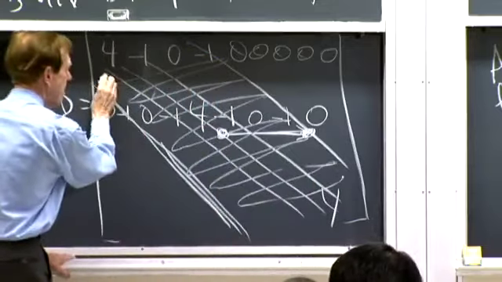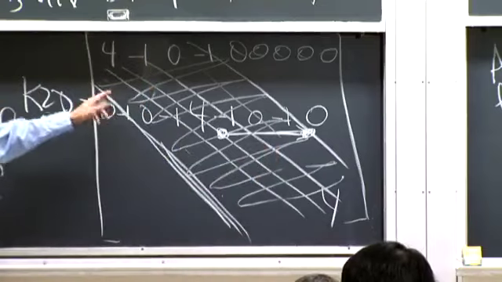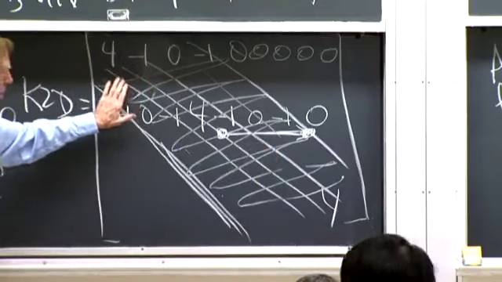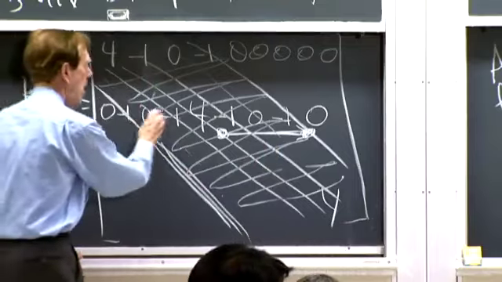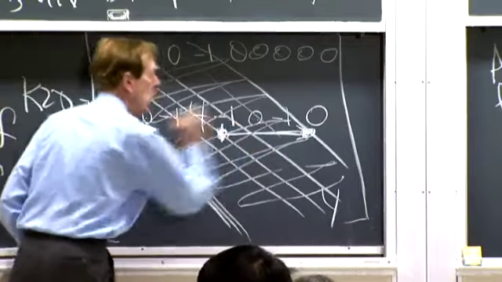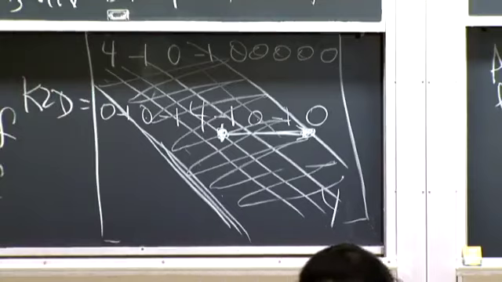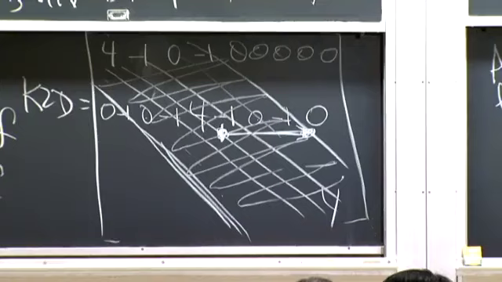It's got a lot of zeros inside the band, maybe 990 something zeros in here and in here. And how far is it from here to here? 1,000, right? So the bandwidth is 1,000.